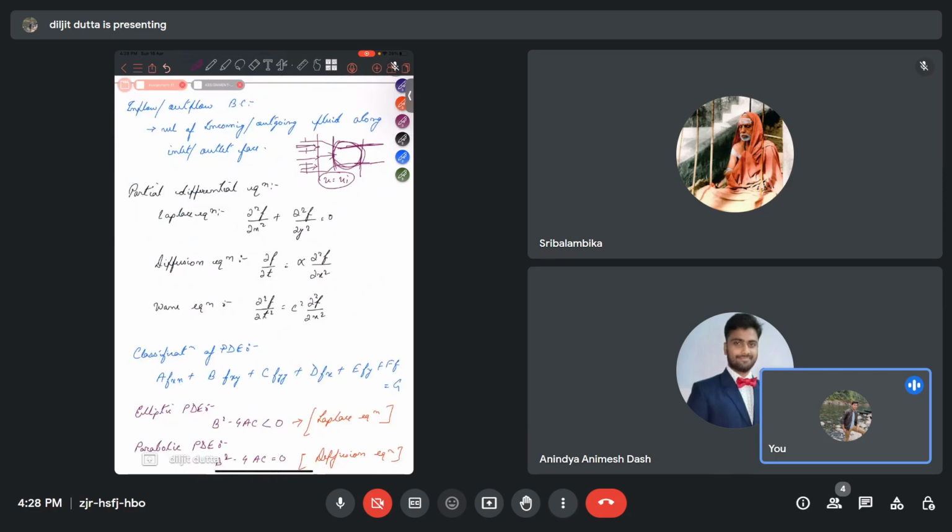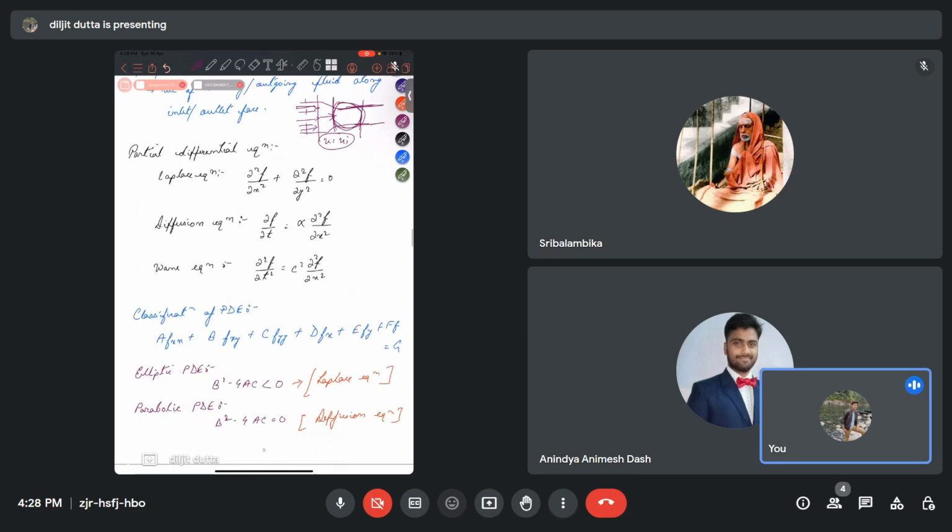Now before proceeding into solving differential equations, we should know the types of partial differential equations and how the methods for solving them vary. The first type is the Laplace equation, given by del square f by del x square plus del square f by del y square is equal to 0.